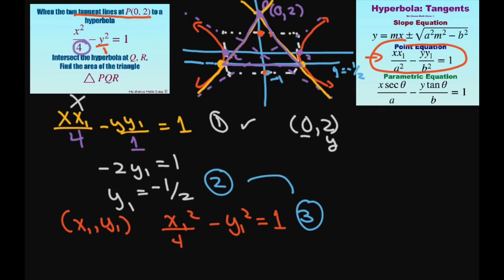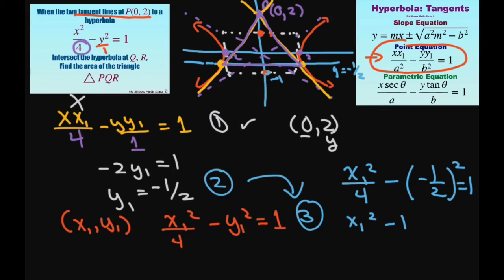Substituting 2 into 3, we're going to get x sub 1 squared divided by 4 minus negative 1 half squared equals 1. That means we have x sub 1 squared minus 1 equals 4. I just cleared the fractions here. And so that means x sub 1 squared equals 5. Therefore, x sub 1 is going to be plus or minus square root of 5.